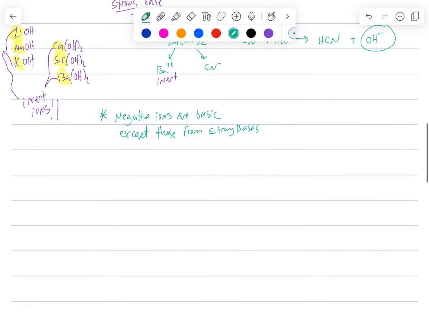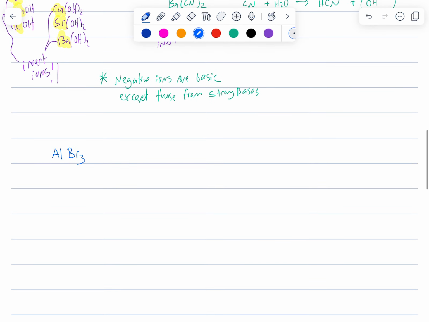So just to give a couple extra practice examples. So let's say, here's one. We'll do aluminum bromide.